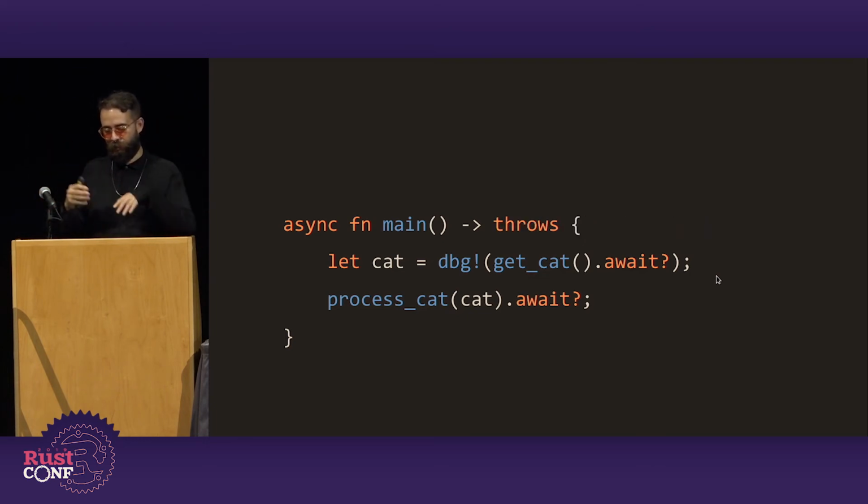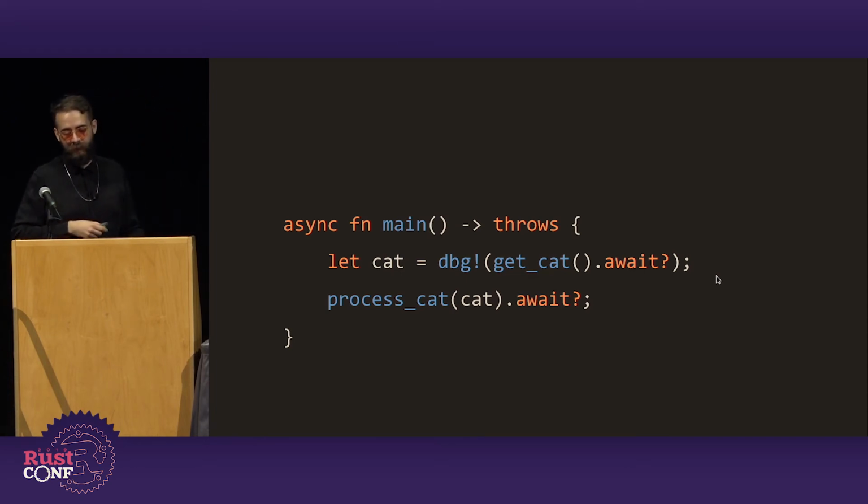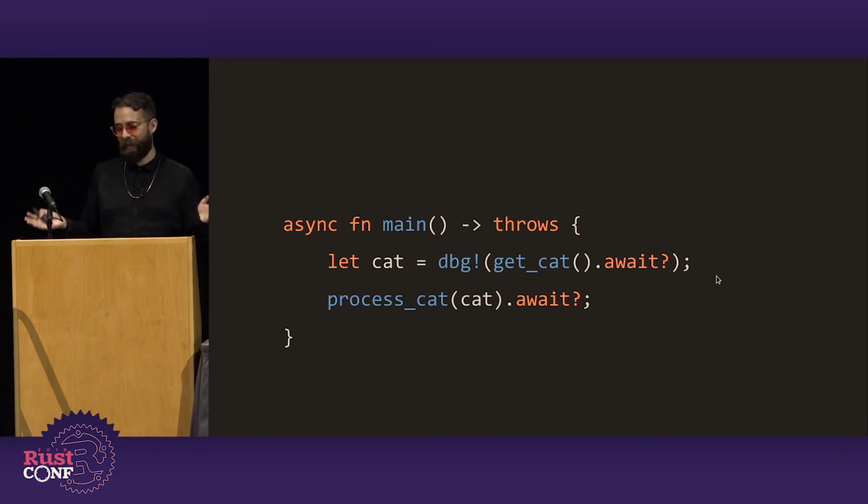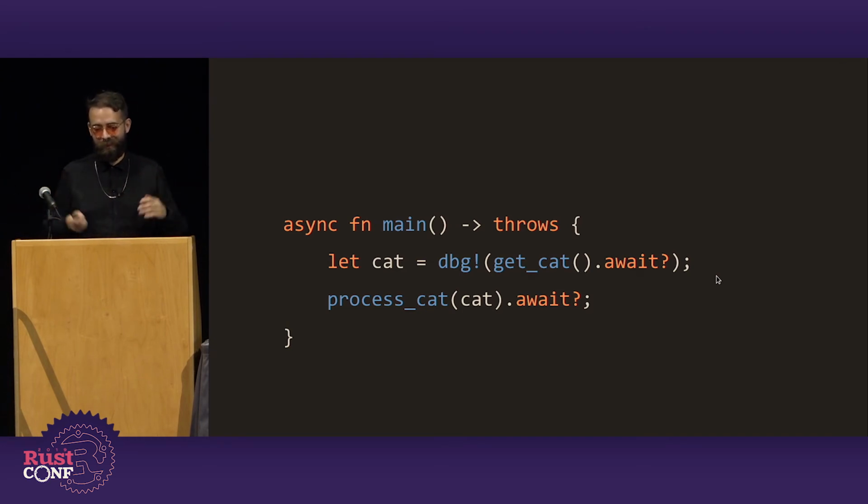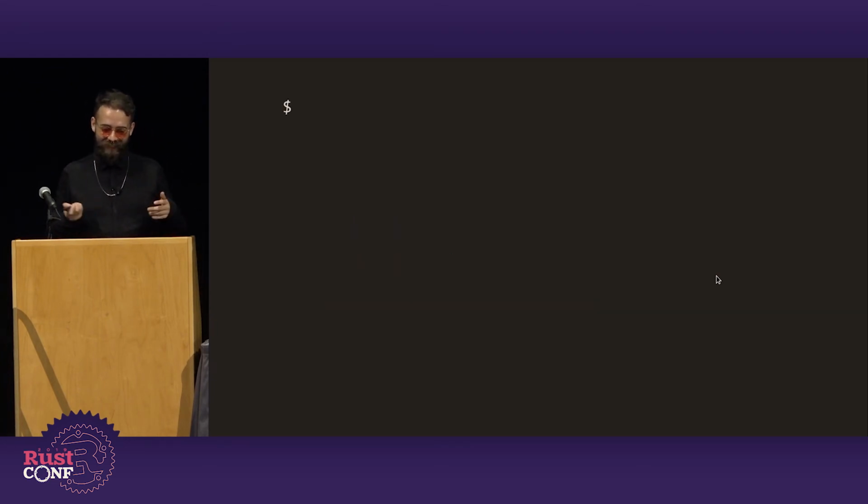So we add a new little keyword, which removes the need for OK wrapping, which allows you to use throw, which we're not showing here, inside the function body to propagate errors. Question mark keeps on working, but we get rid of the OK wrapping. Also, after throws, you could add an error type to specify, hey, it throws this error. But if you omit it, it just says, cool, it's a boxed dyn Error Send Sync static. That's kind of nice.